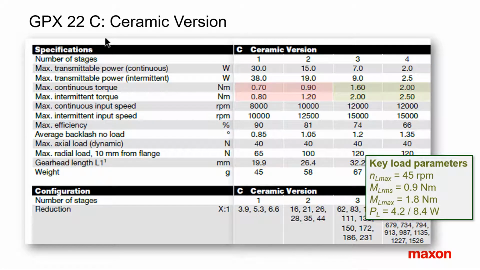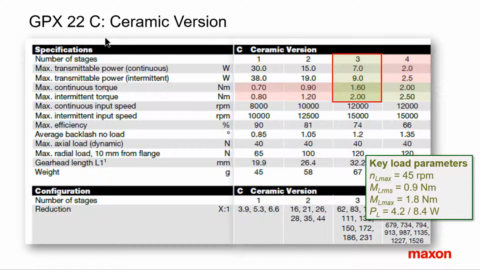The transmitted power on the 4-stage gearhead, however, is too small. The lower efficiency compared to 3 stages gives more heating and therefore the transmitted power rating is reduced. Hence, we are left with 3 stages. Essentially, we selected gearhead type and number of stages according to the torque and power requirements of our application.